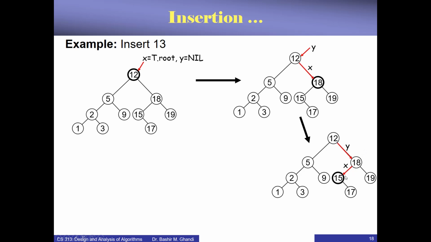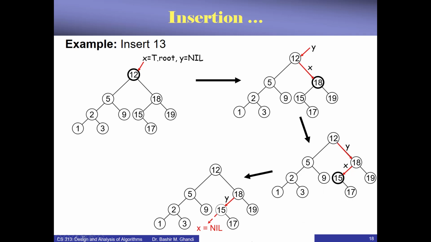Again, we repeat the question. Is x.key less than or equal to 13? Clearly it is greater, so we're going to try to go to the left. Okay, so update x to be x.left, which in this case is going to be nil, and update y to be the current value of x.